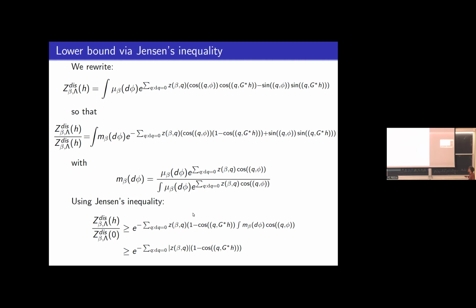Now, since this measure is even in phi, the average of this is 0, and you're left only with the average of the cosine. So for the purpose of a lower bound, we just bound the average of the cosine by 1. And in this way, we drop completely the averaging.